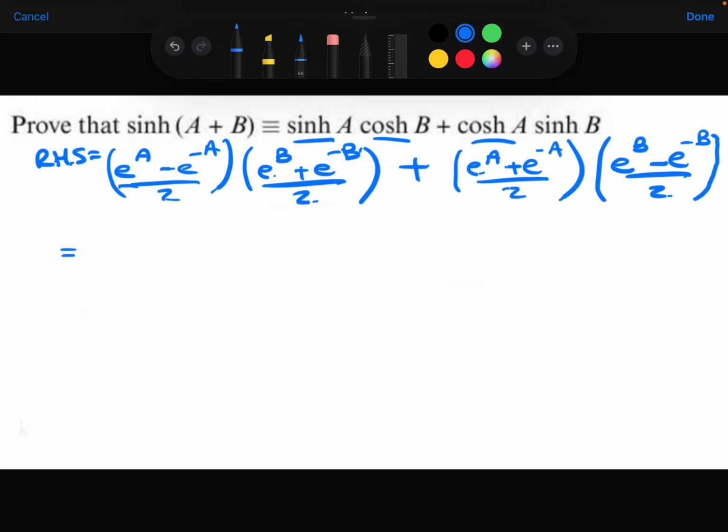Right, let's multiply out these brackets. So I'm going to have a 4 on the bottom of both of the fractions.